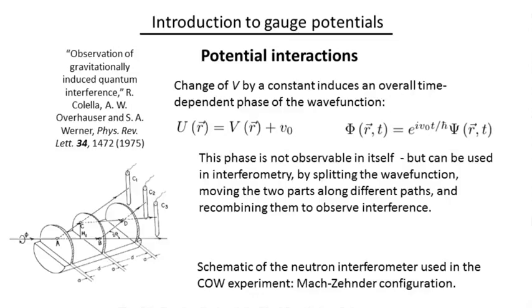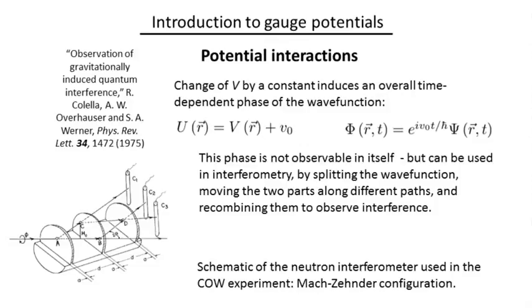So I hope that you saw from thinking about that example, the previous quiz, that if you change the potential by adding an arbitrary constant to it, then the wave function acquires an overall time-dependent phase. Now, such a phase is not observable in itself because every time we take an expectation value, it cancels out.